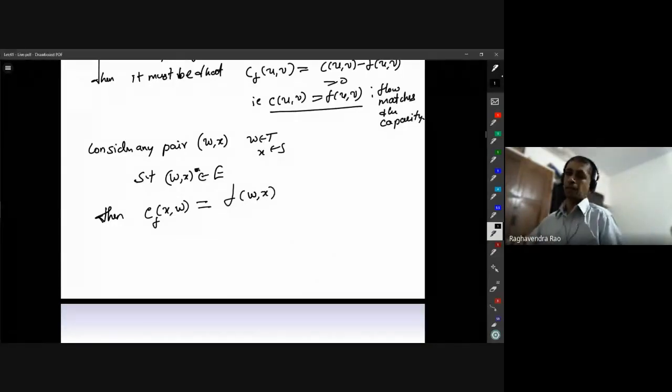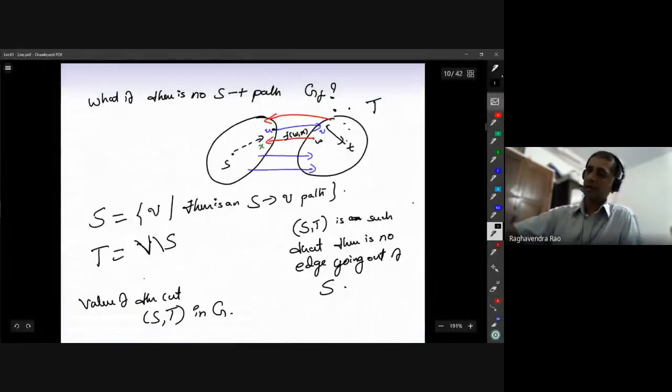So that is another possibility. So we would have had this red edge causing an edge in the residual graph. So this would have caused an edge with CF equal to F of WX.